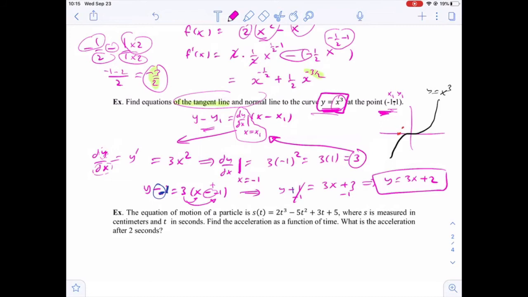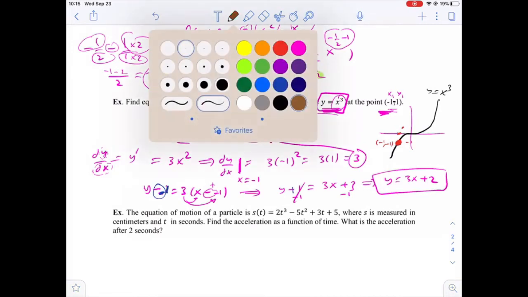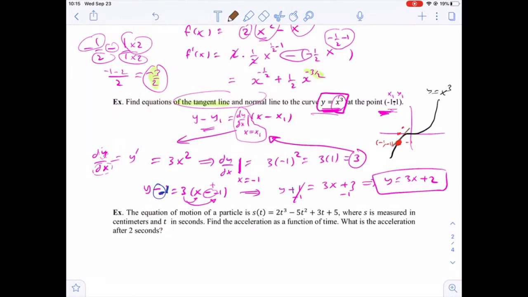Okay, so negative 1 with negative 1 is a point here. This is negative 1, negative 1 on the curve of y equals x cubed. Now we want to find the equation of the tangent line at this point. This is the equation of the tangent line.